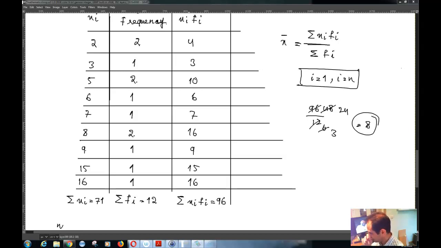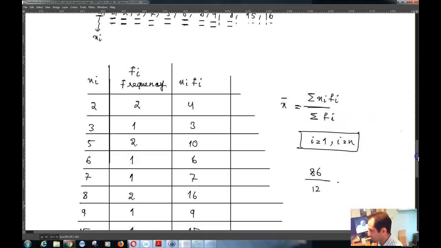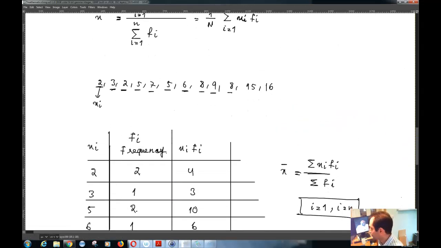It's 86. This is supposed to be 86, the mistake was here. So this is supposed to be 86 divided by 12, and we got the same thing when we tried to calculate these numbers.